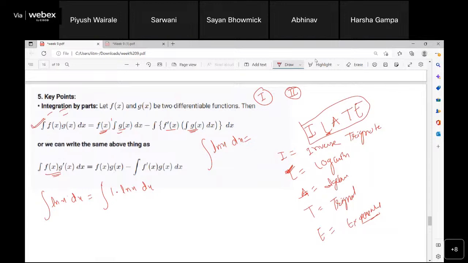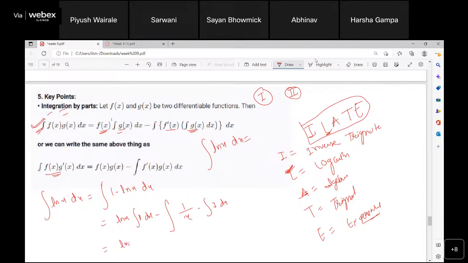Now just apply integration by parts. Put the first function as it is, integrate the second function, that is 1 with respect to dx, minus the integral of the derivative of the first function. The derivative of ln of x is 1 by x, into the integral of the second function, that is 1 dx.